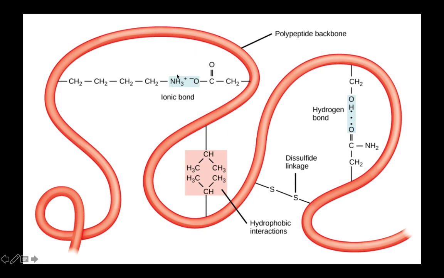Not only the salt bridges or ionic bonds that you see here, the hydrogen bonds that you see right here, the disulfide bond that you see here with two cysteines, but also what are called hydrophobic interactions, in which those hydrophobic side chains bury themselves at the interior of the protein. They can interact well together because they have very similar nonpolar chemical properties.